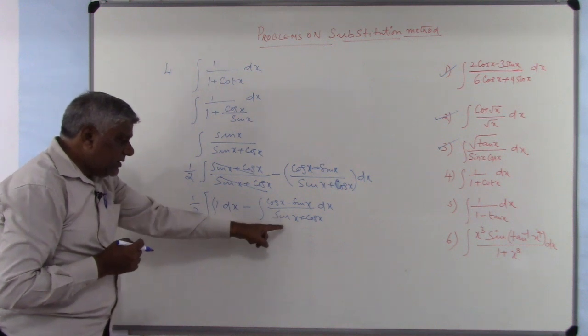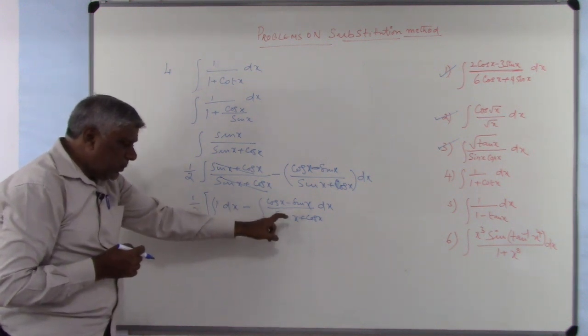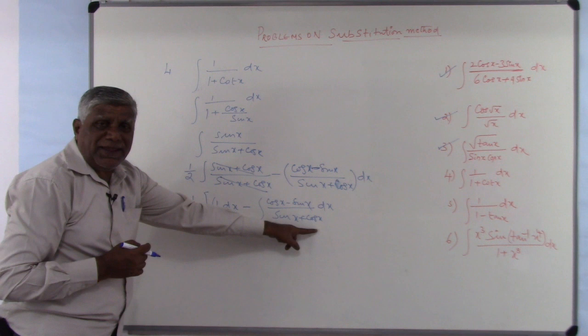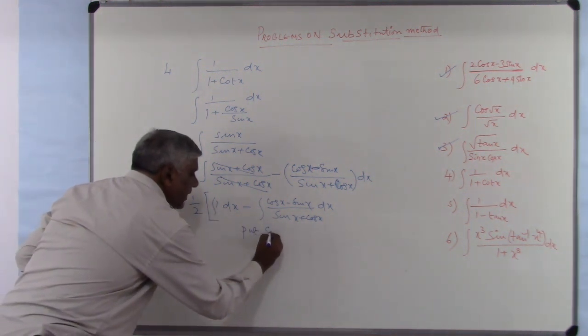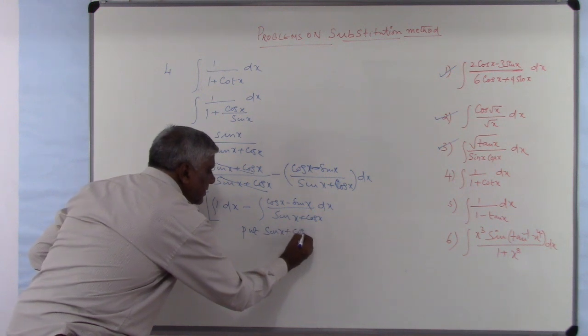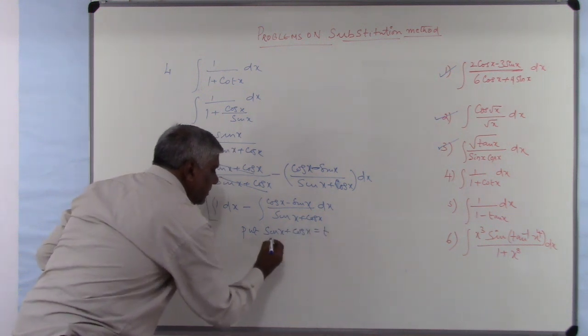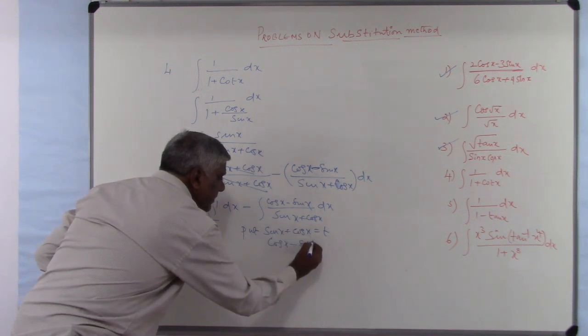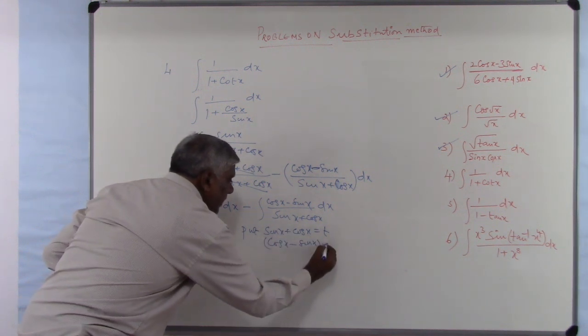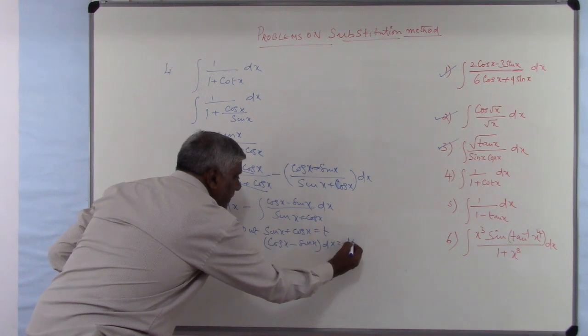Now here for this we are going to put sin x plus cos x is equal to t. Now what happens here? cos x minus sin x into dx is equal to dt. Are you following here?